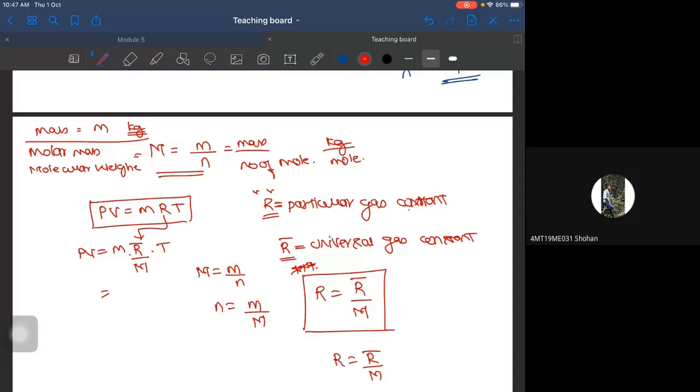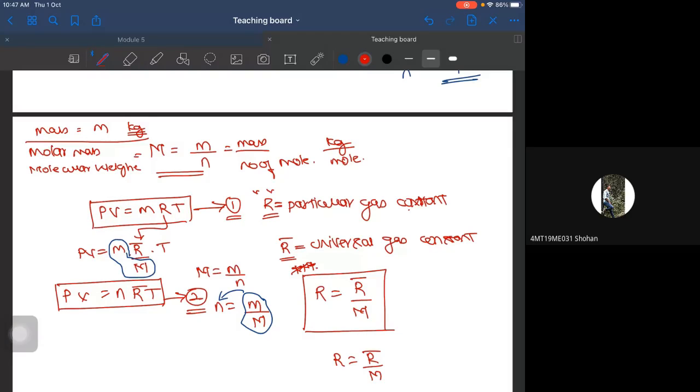So can I replace small m divided by capital M with n here? Yes. So it is n R dash T. So PV is equal to either of these expressions: the first form of the ideal gas equation, or the second form.